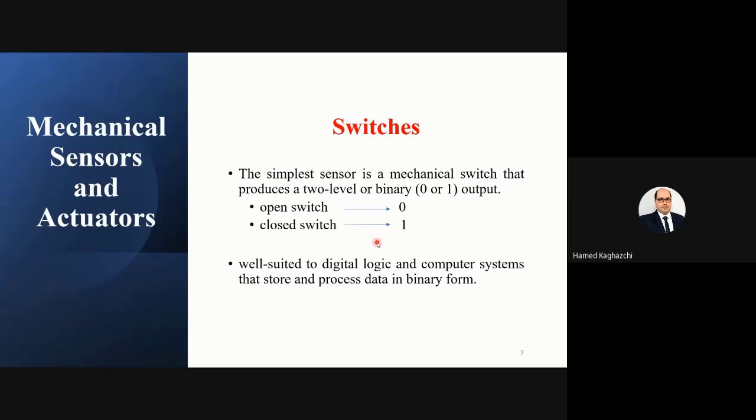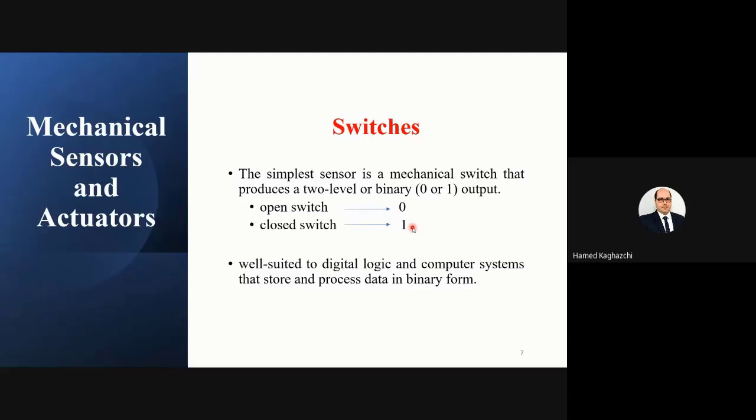This sensor produces binary outputs, 0 and 1. We say that if the switch is open, the output is 0, and when the switch is closed, the output will be 1.